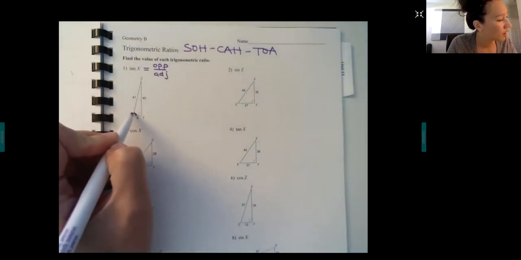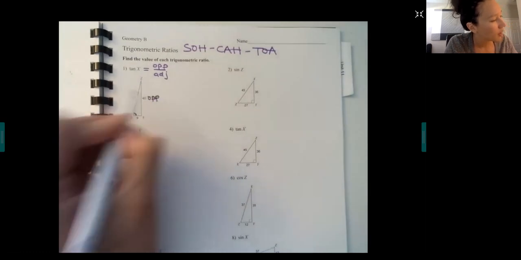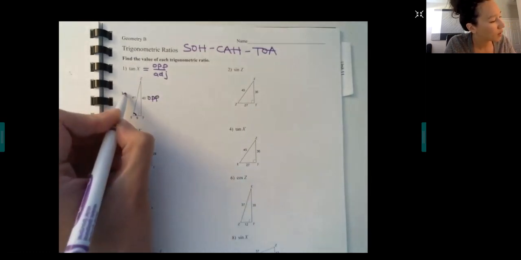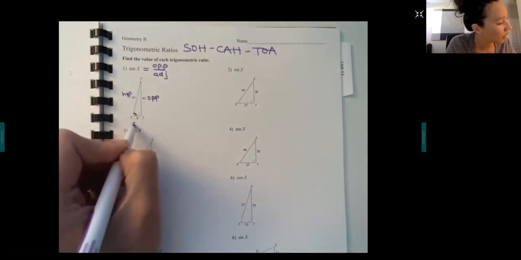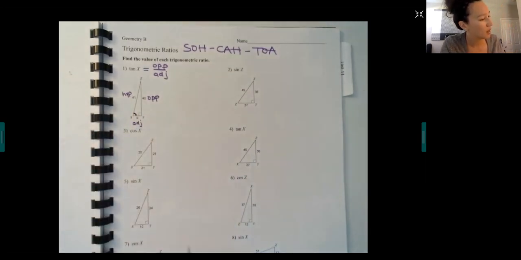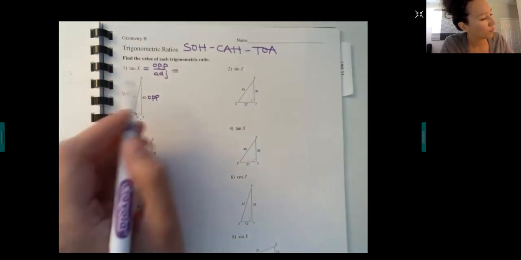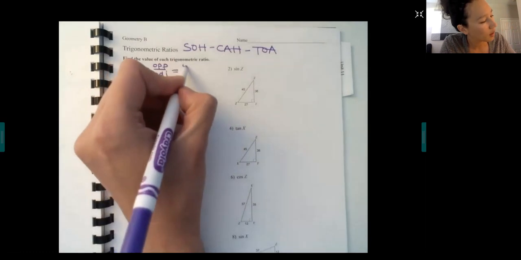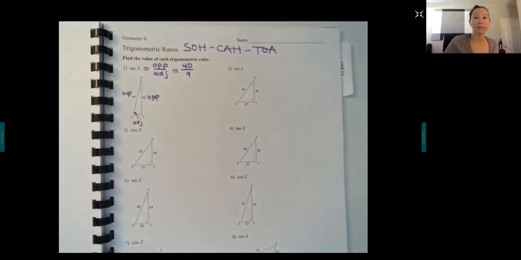If this is our reference angle, the side opposite is this one. The hypotenuse is this one across from our 90-degree angle, and this one is our adjacent. So opposite over adjacent is 40 as our opposite side over our adjacent side, which is 9.